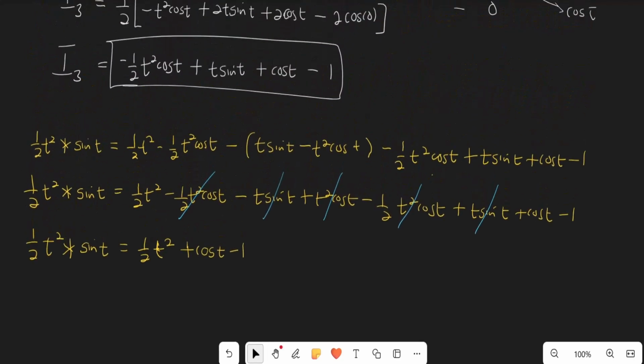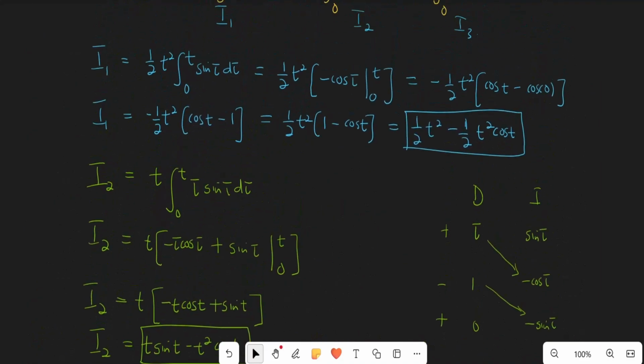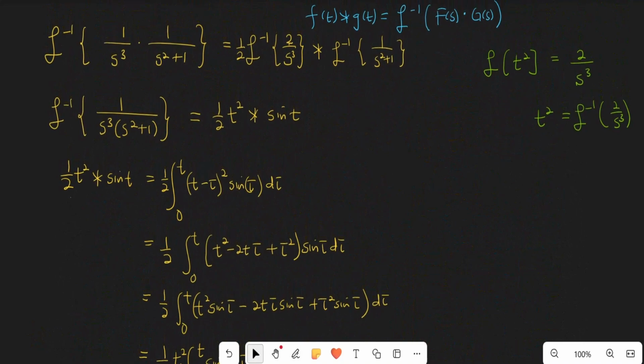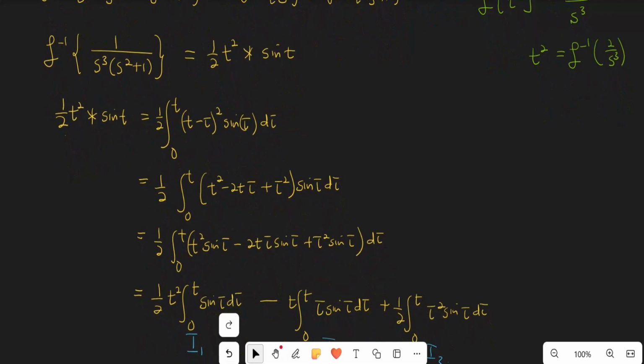The convolution is the Laplace inverse of what we are asked to find. So the Laplace inverse of 1 over s cubed multiplied by s squared plus 1 is the convolution of 1/2 t squared and sine of t. We have found that convolution, and that is equal to the Laplace inverse of our function.